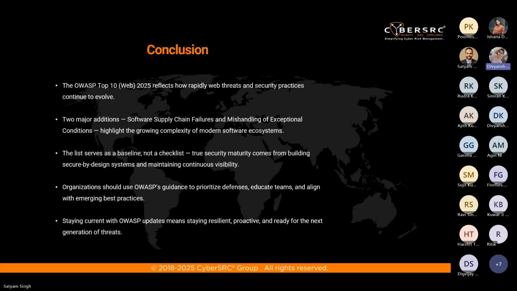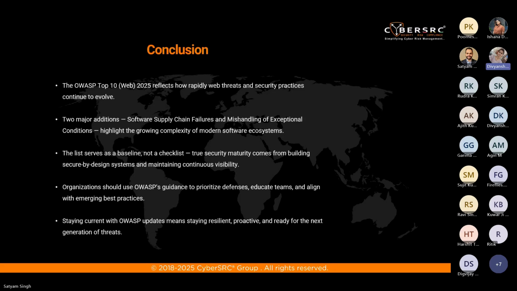First, the OWASP Top 10 for Web 2025 shows just how vast web threats are and how security practices are evolving. Second, this year there are two major additions: software supply chain failures and mishandling of exceptional conditions. This shows how complex the modern software ecosystem has become.